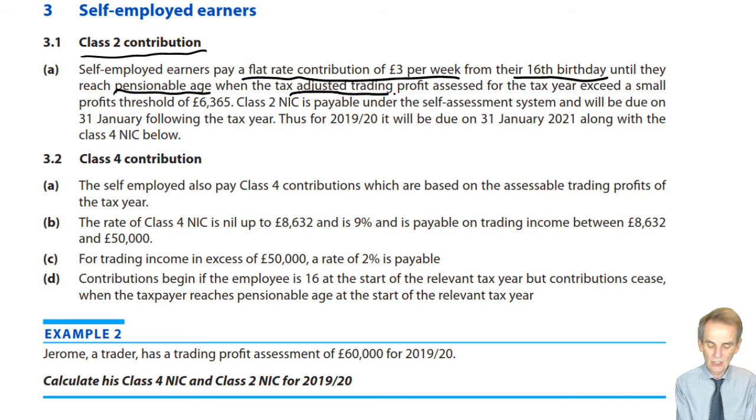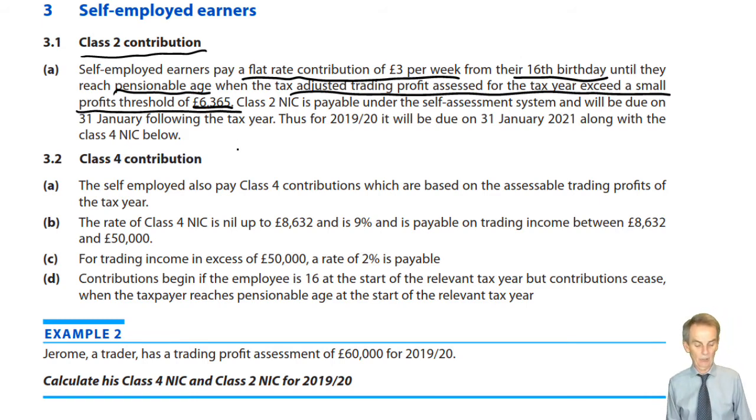When the tax-adjusted trading profit assessed for the tax year exceeds a small profits threshold of £6,365. Again here, we only pay this £3 per week, assuming that the profits exceed that particular threshold. Again, a very, very low number, as you can see.